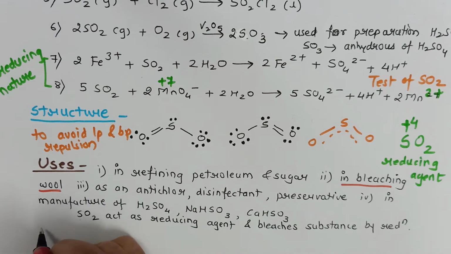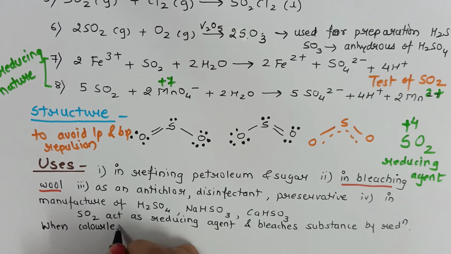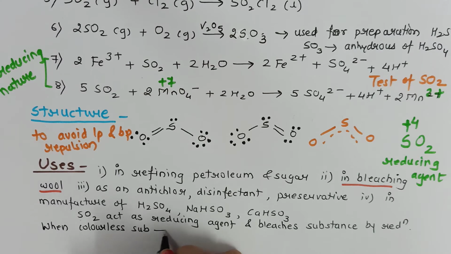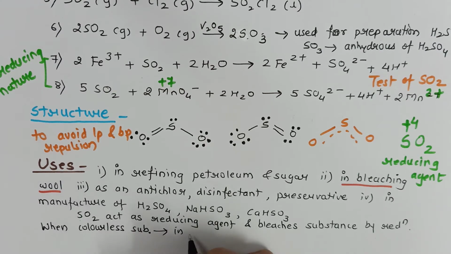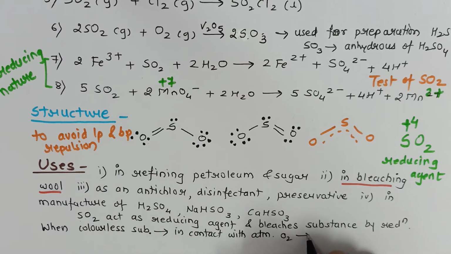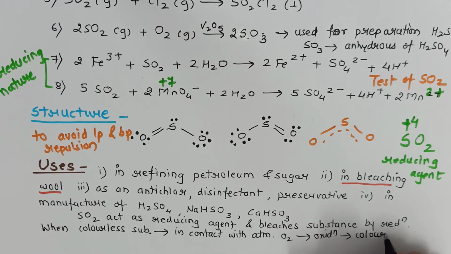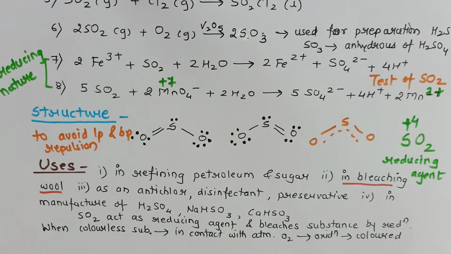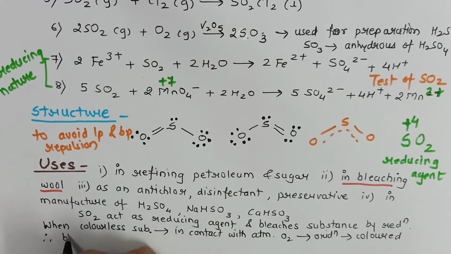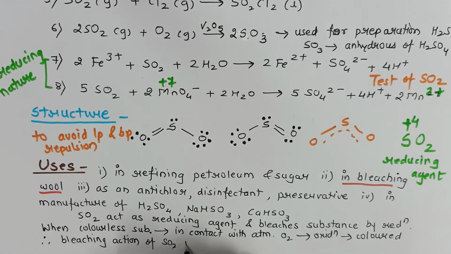But now, when this colorless substance comes in contact with atmospheric oxygen, then again oxidation will occur, and the substance will become colored again. And therefore we say the bleaching action of sulfur dioxide is a temporary process.